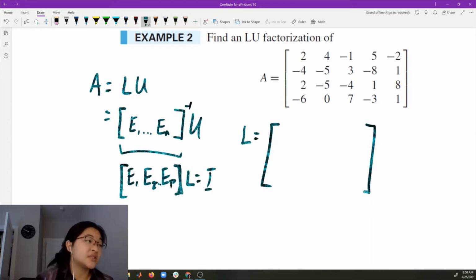And since we are assuming that L is invertible, it needs to be square, and it needs to be 4 by 4 because we have 4 rows.